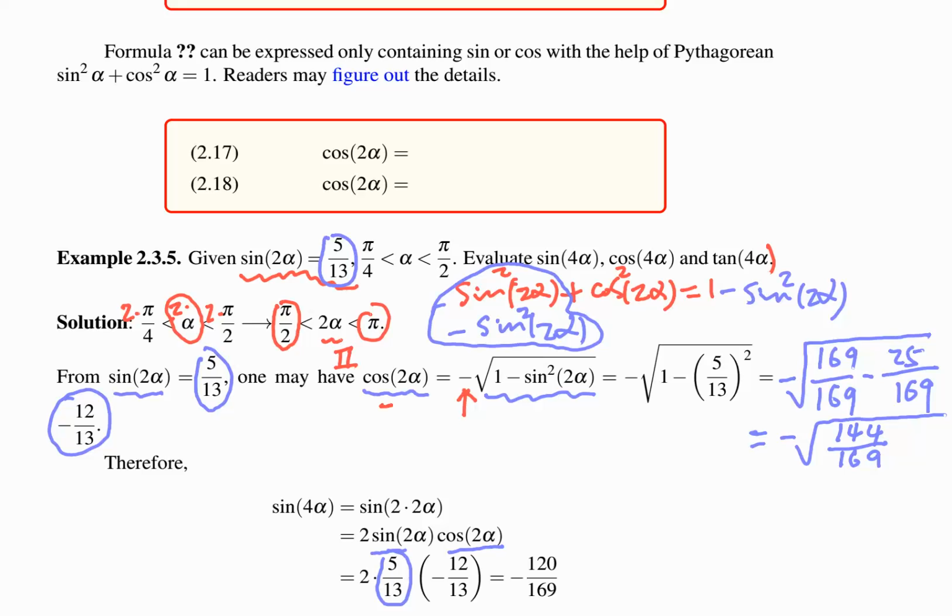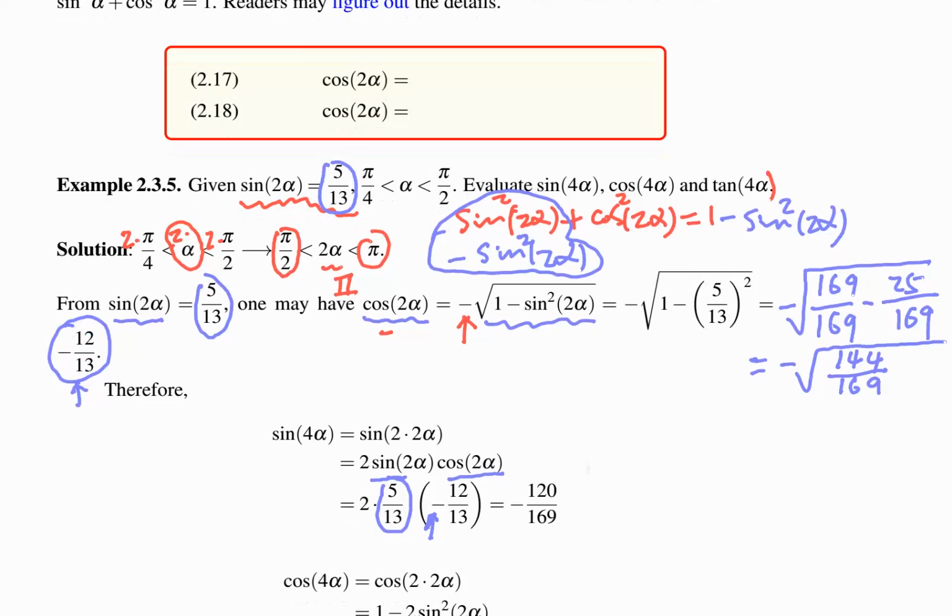Another is the one we just found, which is right here. Then we have 5 times 12 is 60 times 2, 120. Negative, it comes from here. 13 times 13 is 169. Okay. All right.